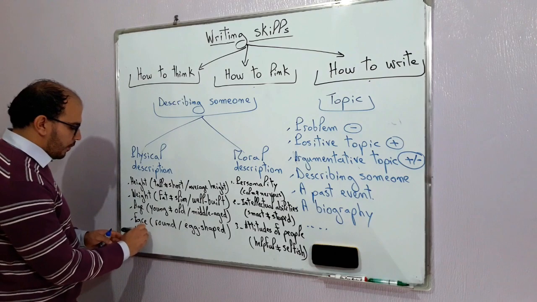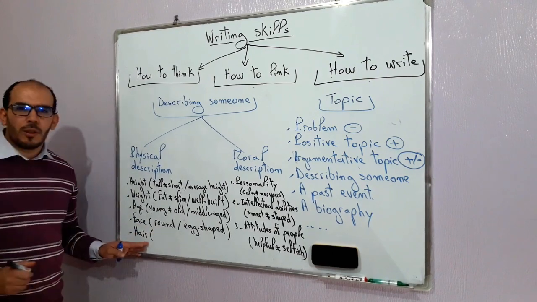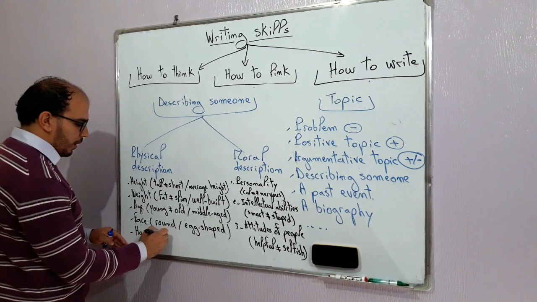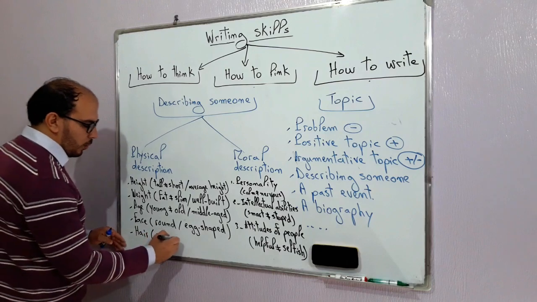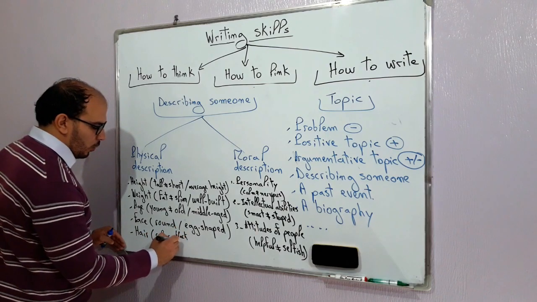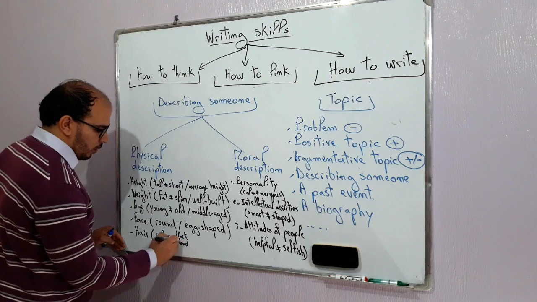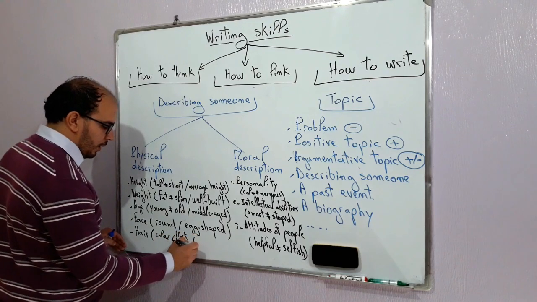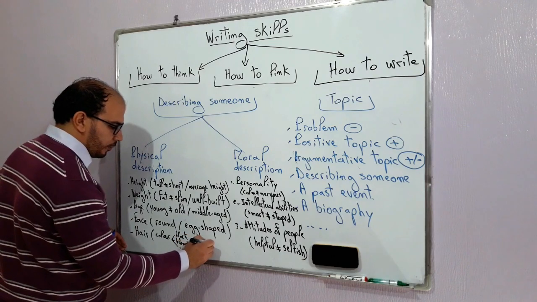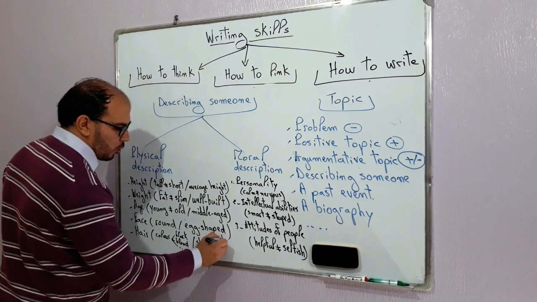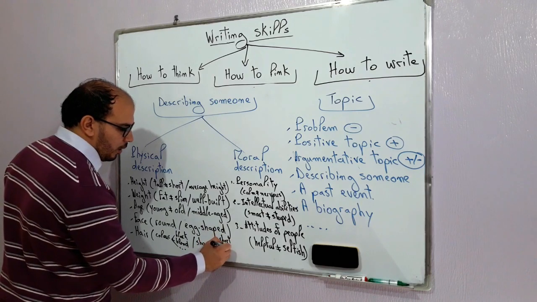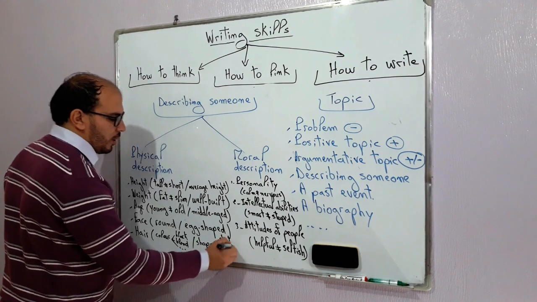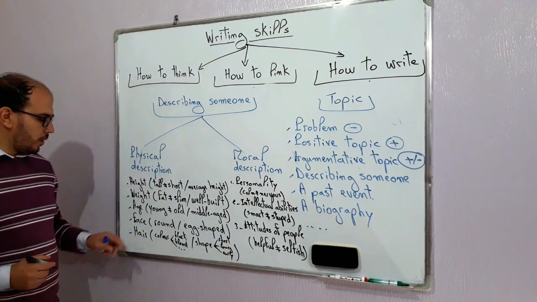Something else is the hair. For the hair I have the choice. I can describe the color of the hair. For the color I can say black or blonde or something else. Or I can describe, for example, the shape. For the shape I can say short, or long hair, or curly, or any other adjectives to describe the shape of the hair.